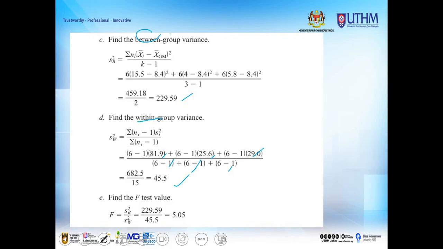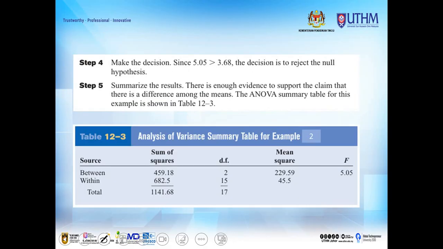Now we need to divide between by within, which is highest divided by lowest. 229.59 divided by 45.5, you will get 5.05. So this case is slightly different from the previous one. Before we summarize the result, we have to make a decision.